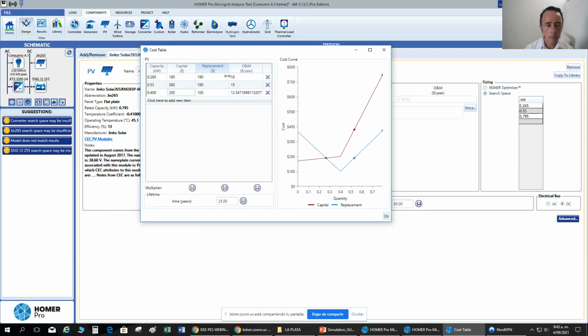And replacement: if this solar module is damaged, I should replace the entire module. So the cost for this replacement is the same. It changes when I'm thinking of a converter or an inverter, because I certainly won't change the entire converter or the entire inverter, only a part of it.